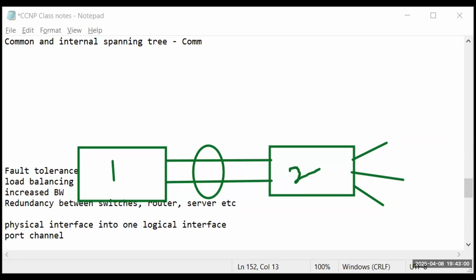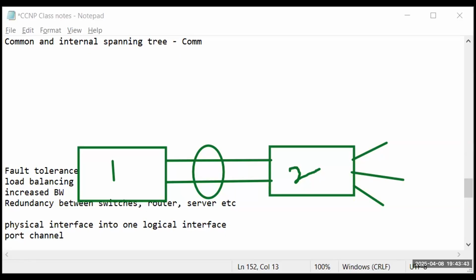Aggregated is summed up or added together. Say 4 interfaces are there, 100 Mbps each. So altogether we will get 400 Mbps speed. So all those physical interfaces will be aggregated and configured into one logical interface. So that is EtherChannel.